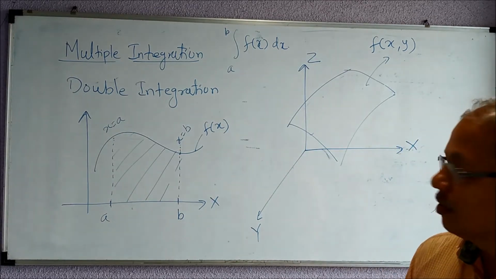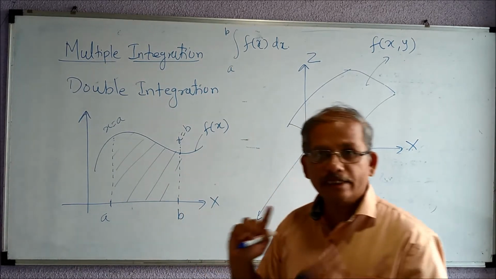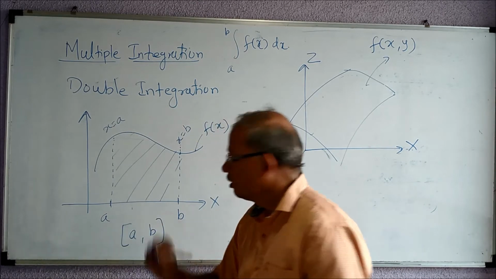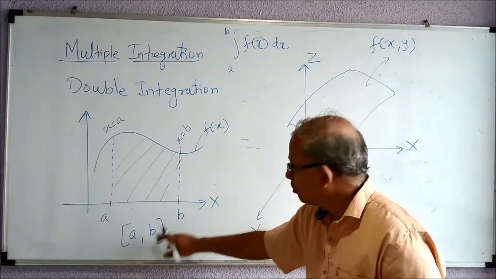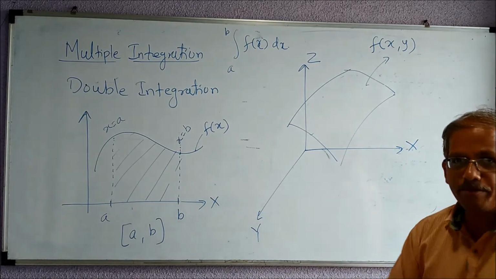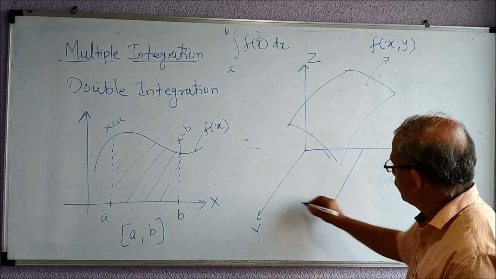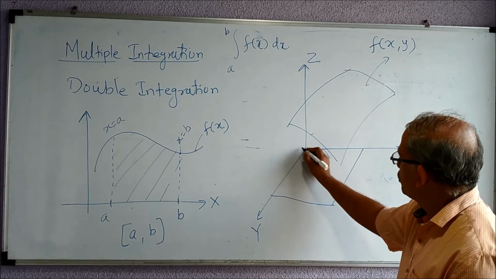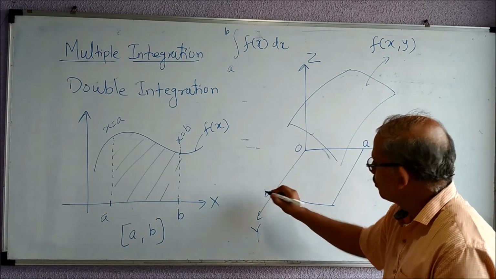Now, what is my domain of integration? In single integration it is an interval AB on the x-axis, a single line. But now we are taking the domain on our plane, the xy plane. So I'll take a domain, say a rectangle, where from O to A, x is varying, and from O to B, y is varying.